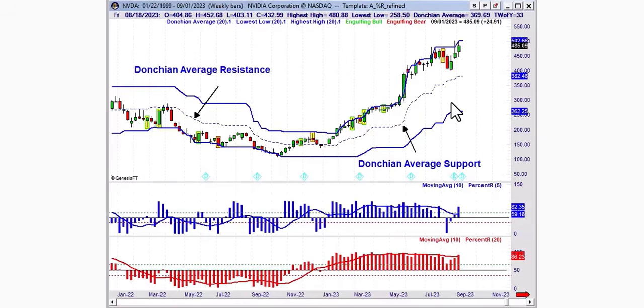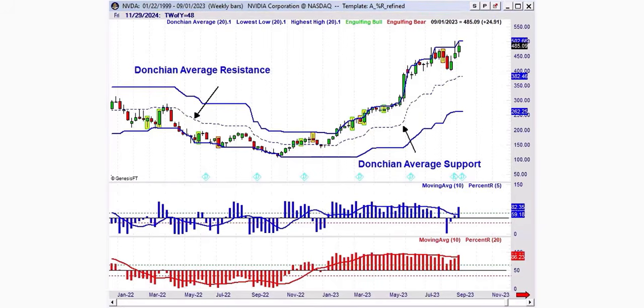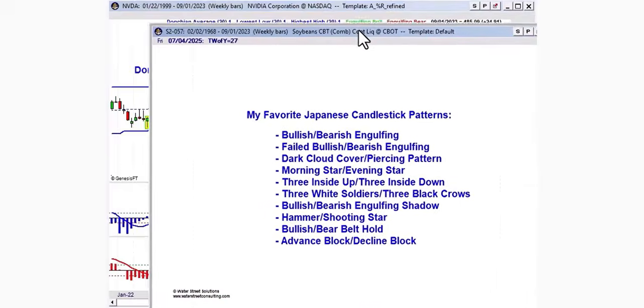Part of my job as an educator is to boil things down, show you the highlights, basically present you with some cliff notes in an attempt to shorten your learning curve. So when it comes to analysis, market forecasting, and trading, rather than having to memorize all 200 plus candlestick formations or patterns, here's my list right here.